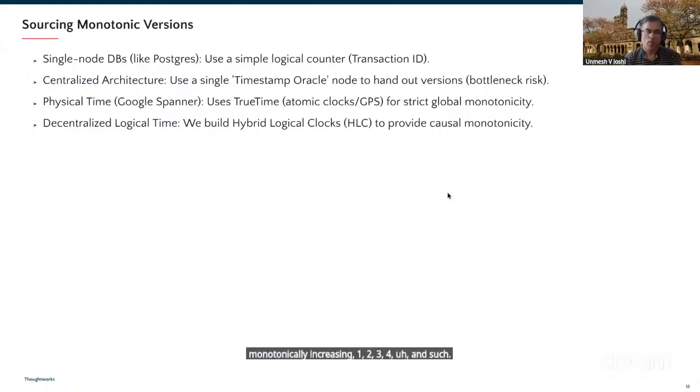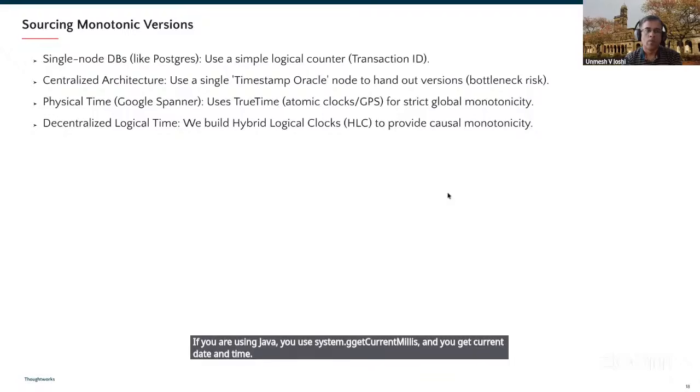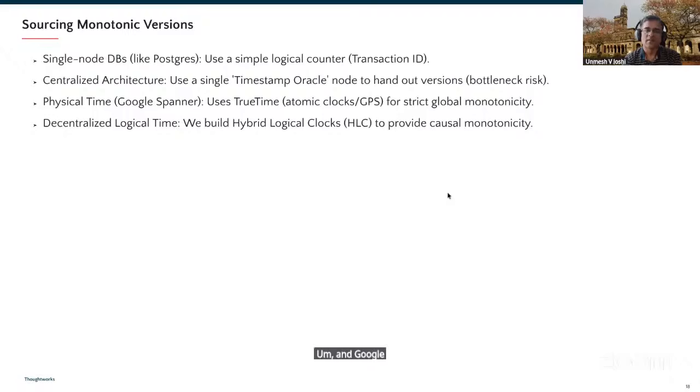Google Spanner is very unique in its design because it uses system timestamp. Any computer has an API to give you the system timestamp. If you are using Java, you use System.currentTimeMillis and you get the current date and time. Google Spanner uses that with some very important modifications.